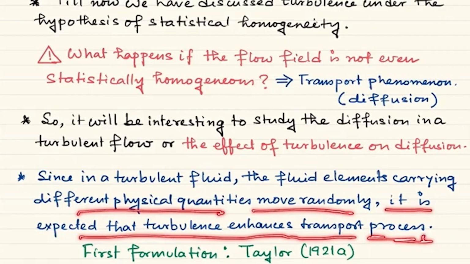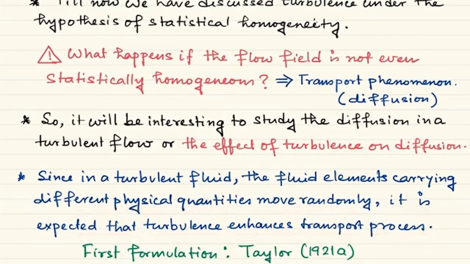Now of course this is something very intuitive, that turbulence will help in mixing, right? So just take the very famous example of adding some sugar or milk in a cup of coffee or tea.